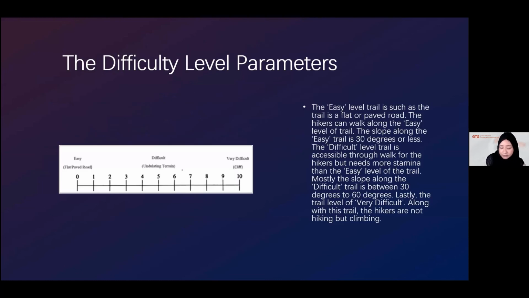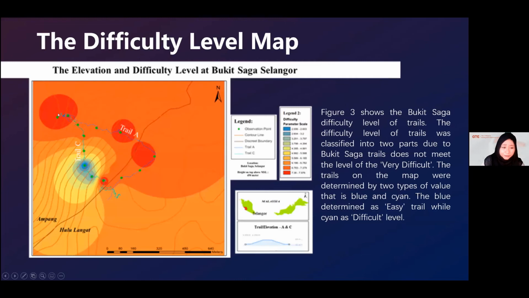Okay, then to add more into the studies, we have the trail difficulties to be classified, from easy to very difficult. We ask the visitors, right? So from the findings, it shows that the difficulty level of trails was classified into very difficult and difficult levels.